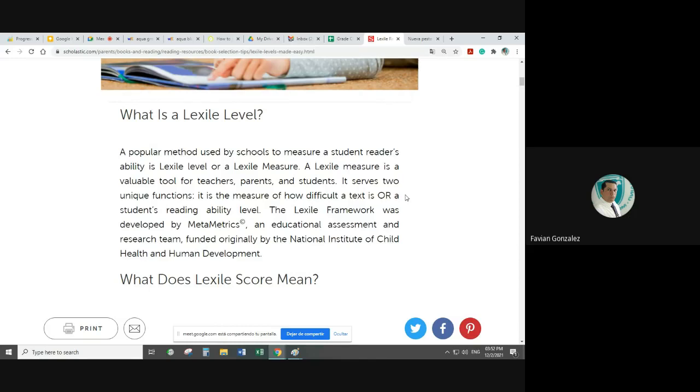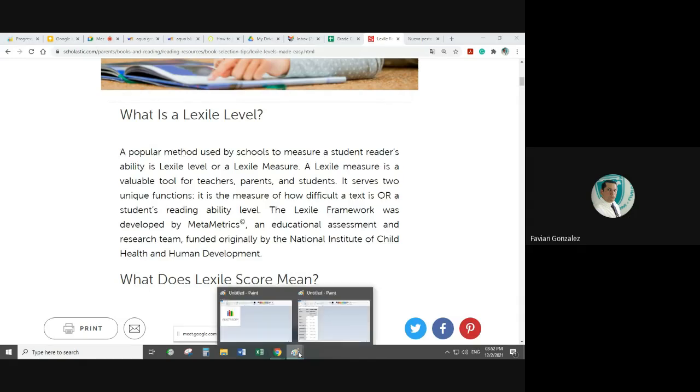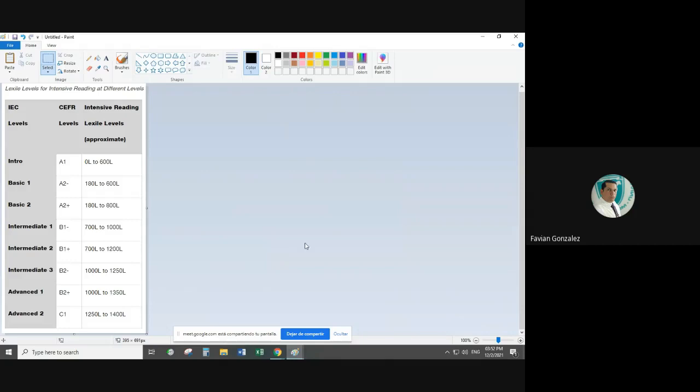Now, the correlation to compare the Lexile and the Zephyr is the following. A student that is in A1 is expected to have a Lexile level of 600 Lexile points, let's say, and our program ends on B2.